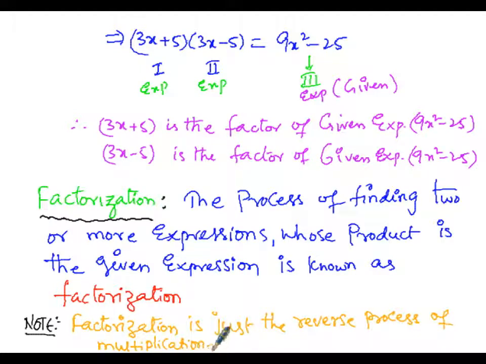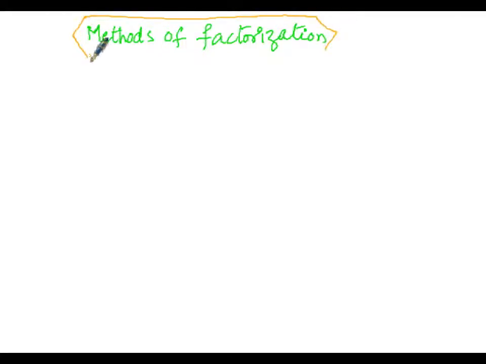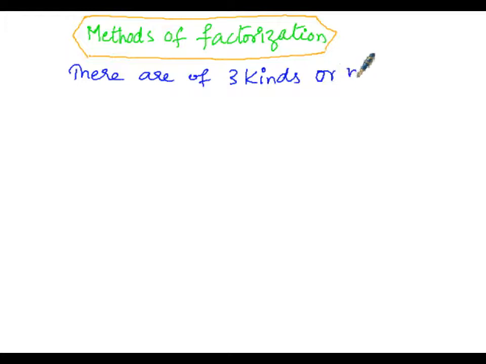Now let us discuss the methods of factorization. There are three kinds of methods by which the given expression can be factorized, or written as the product of two or more factors.